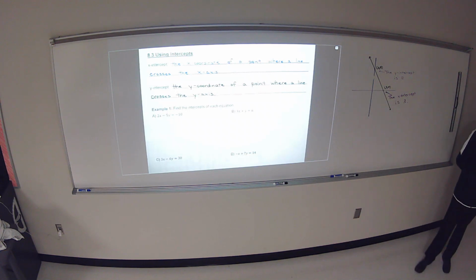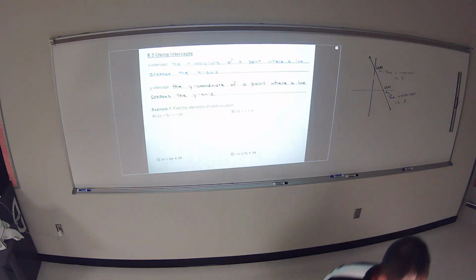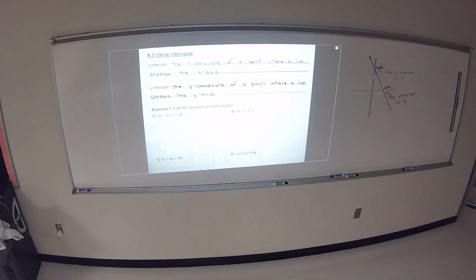Again, there is no mention of that value of 0 for your x. Why? Because it's implied to be a 0. If you are on the y-axis, the only way that you can be on the y-axis is if the x value in those problems is equal to 0.